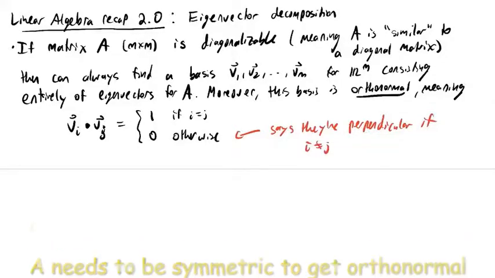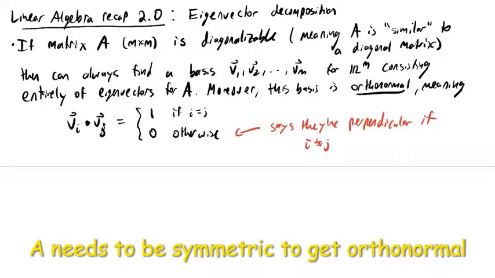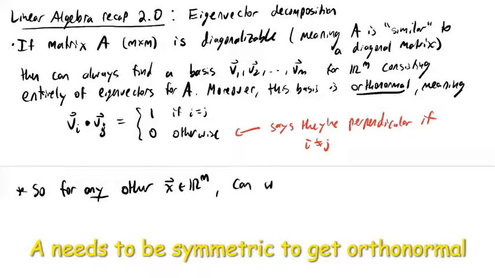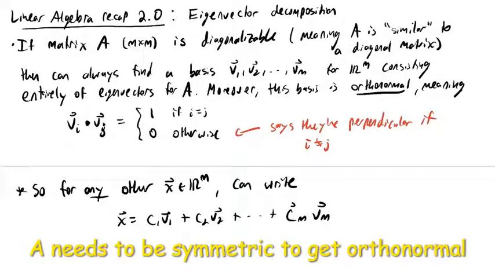Right. And so in particular, what does it mean that these form a basis? Right. So for any other vector, it means I can write that vector as a linear combination. Any other vector x, which is in Rm, I can write x as a sum, say C1 times V1 plus C2 times V2, et cetera, all the way up to Cm times Vm, right?